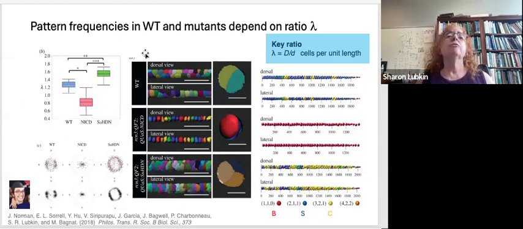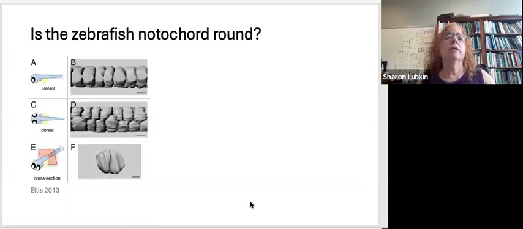But again, for these three genetically different situations, the patterns seen corresponded primarily to the regions of lambda space that were known to be dominated by particular low-dimensional patterns. There was something that we noticed one day staring at some of the microscopy.